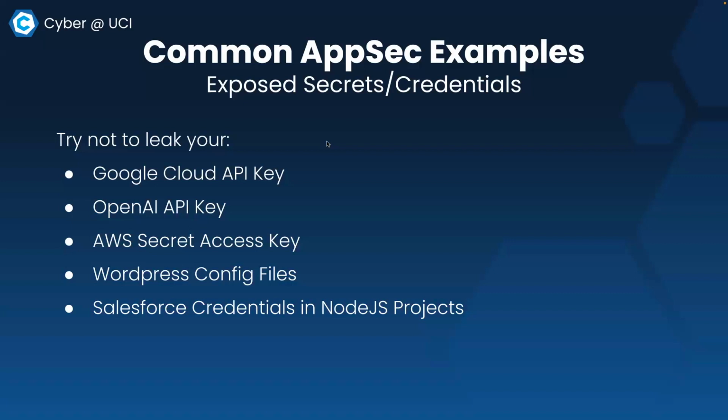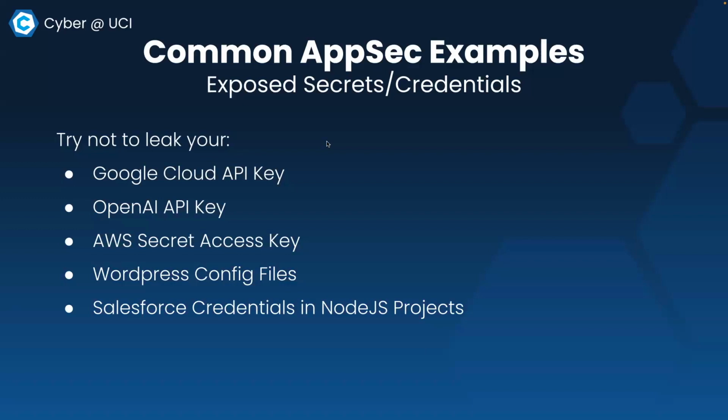That can include your Google Cloud. If you are working a lot with LLMs, you want to not leak your OpenAI key for someone else to use. That would be quite devastating to your wallet. If you are an avid user of AWS, you do not want people to be logging into your accounts, turning every possible service on, and racking up quite a bill that would be in the thousands within a day.